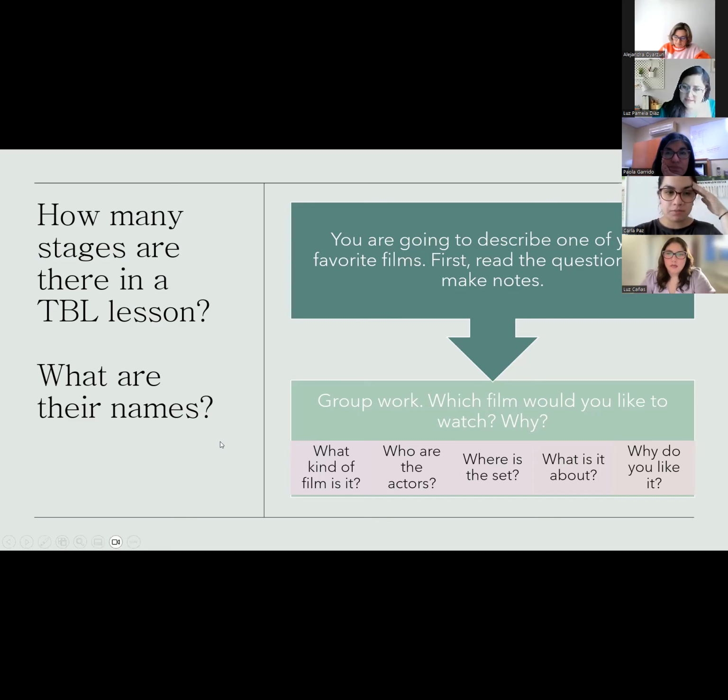Right, excellent. Well, according to different authors, you may have three different stages, and sometimes those stages could be divided into sub-stages. So let's stick with our example. You're going to describe one of your favorite films, and then they're working in groups, and they decide on one film and say why.